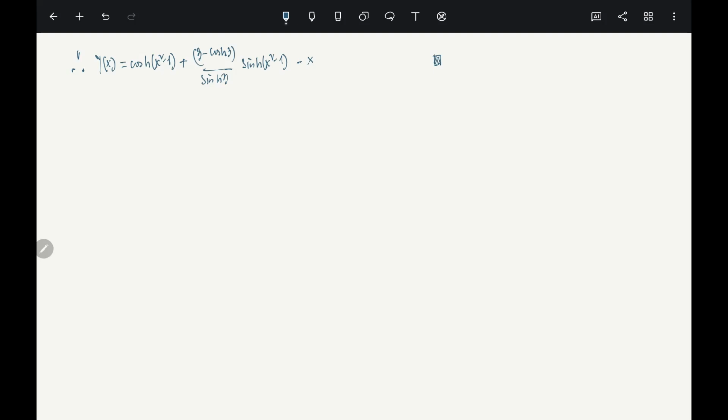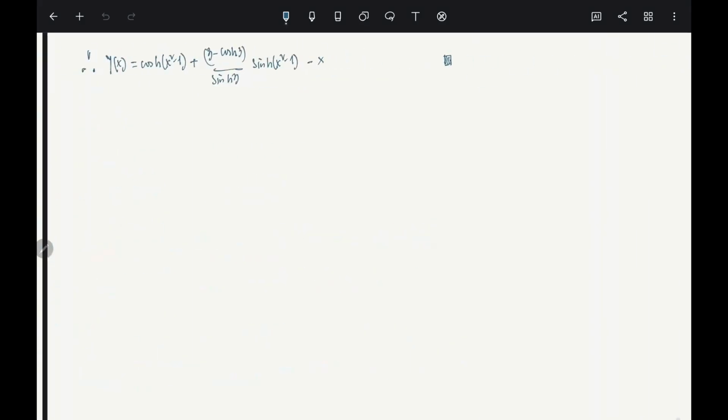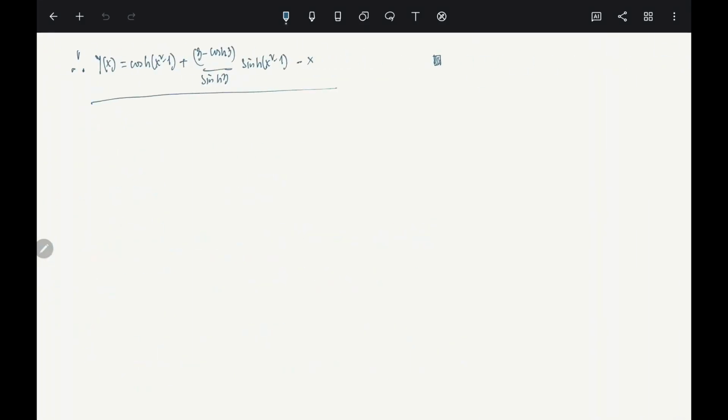This is what your unique solution looks like, and this is how you conclude that problem 6 has a solution and what the solution looks like. It has a unique solution, which looks like this. This is how we conclude it. With this, we are going to end this study of linear boundary value problems.